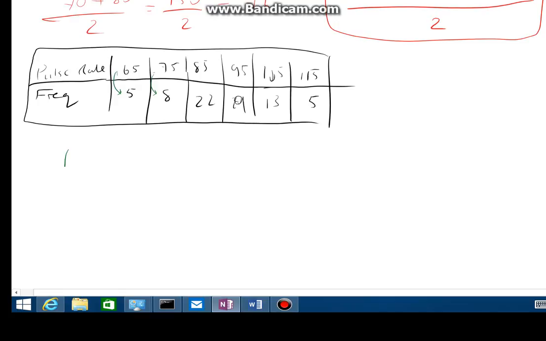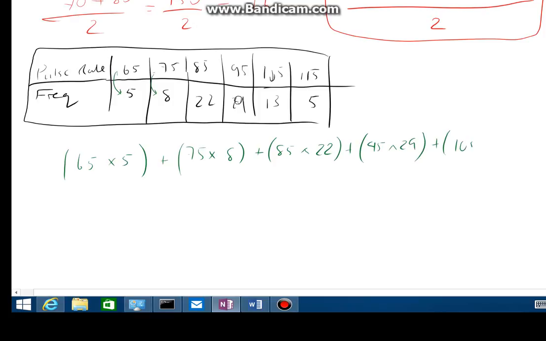So what we will have is 65 times 5 plus 75 times 8 plus 85 times 22 plus 95 times 29. It's going to be a good high number now. Plus 105 times 13 plus 115 times 5.